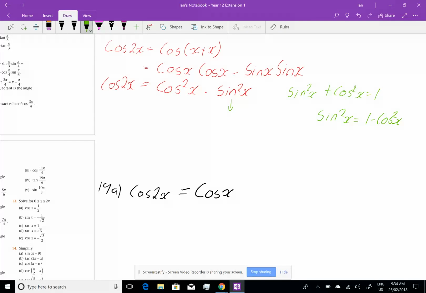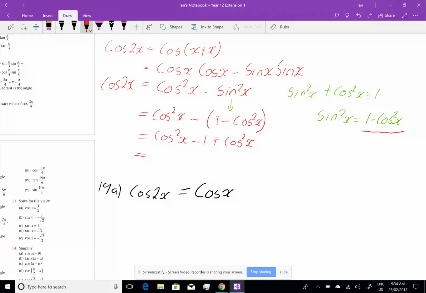So I'm going to get cos squared x minus this bit here, 1 minus cos squared x. I'm going to remove those brackets and get cos squared x minus 1 plus cos squared x.